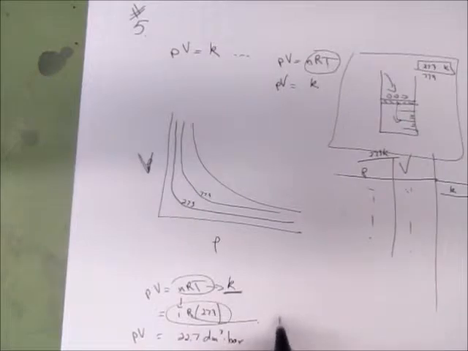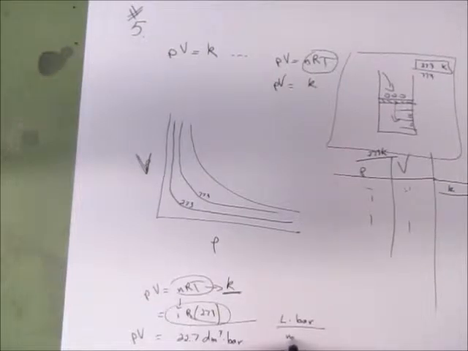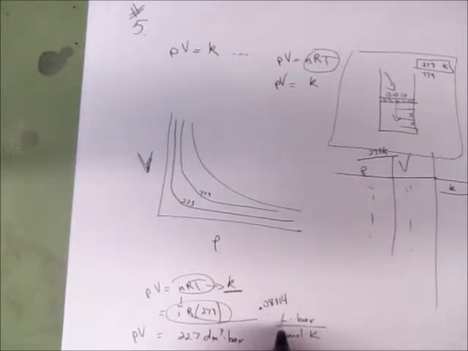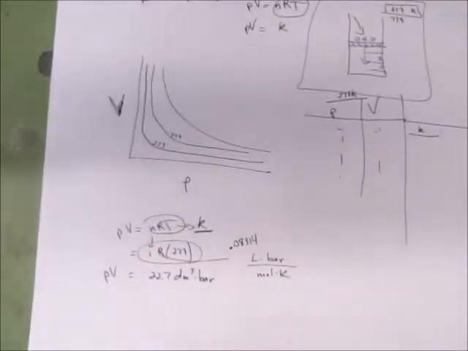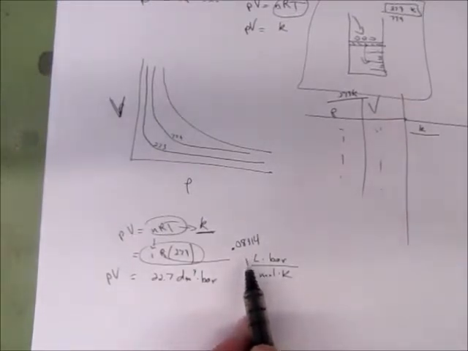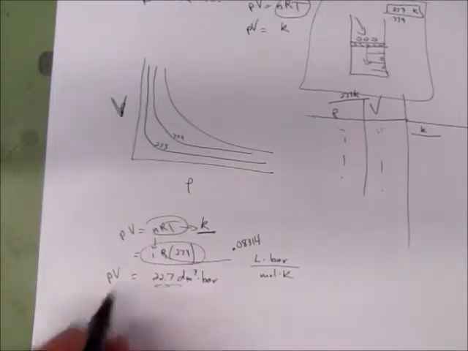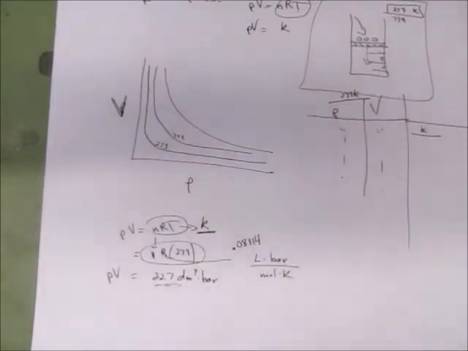The R value would be decimeters cubed, which is like a liter, times a bar over a mole times a Kelvin. So the R that you would use, to my knowledge, would be 0.08314 liter bar per mole per Kelvin. That value of R times 273 gives you essentially that, assuming you have 1 mole in this apparatus.